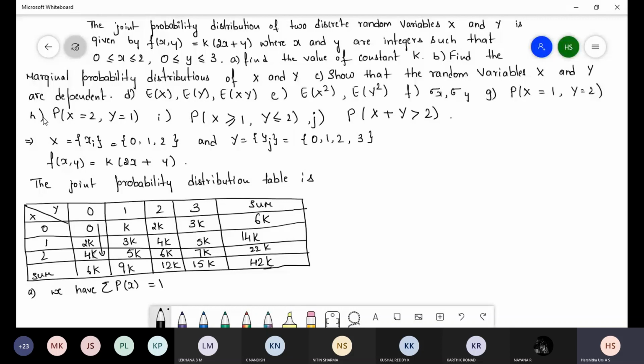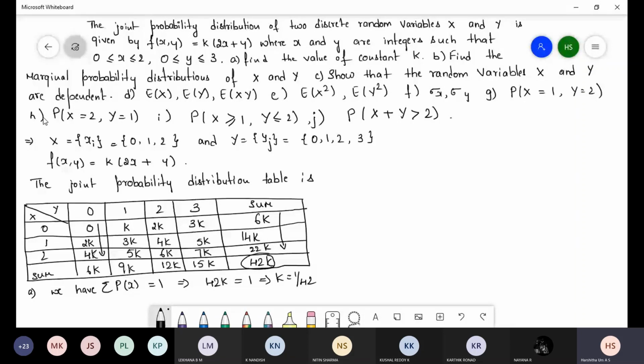If you add like this, you get 42, and if you add like this, you also get 42. So here we can write 42k is equal to 1. That implies k is equal to 1 by 42. So first one we have proved that k is equal to 1 by 42.